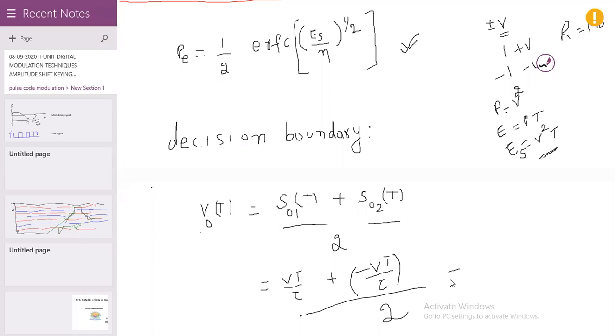So Vt by tau minus Vt by tau, both cancel, that is 0. Initially V naught of T is 0.